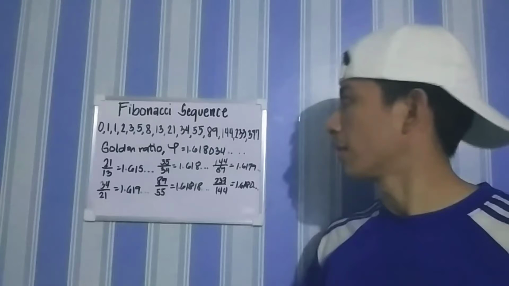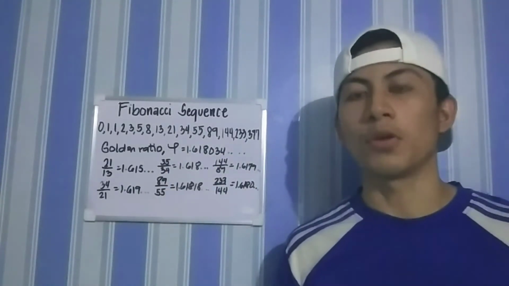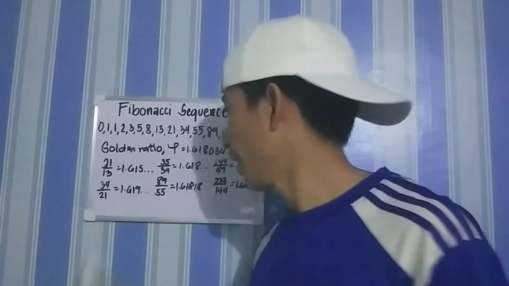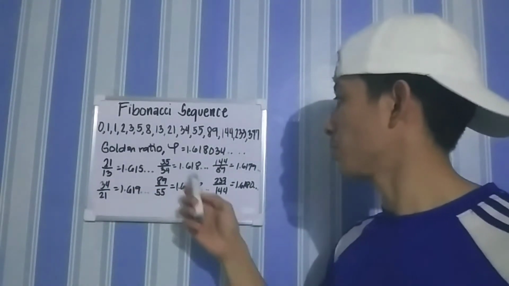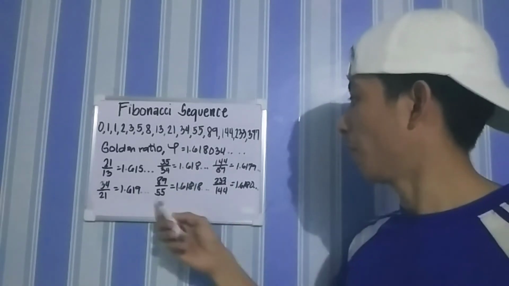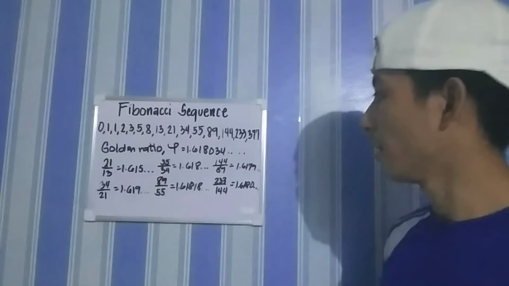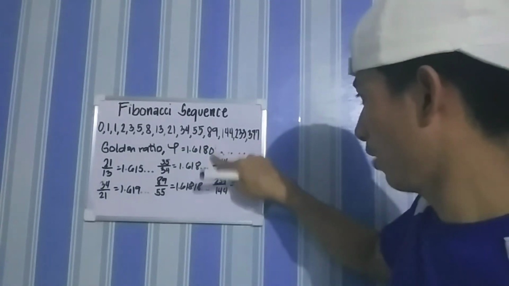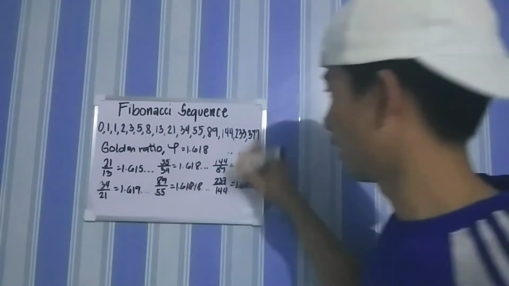And you can prove that the larger the numbers, the closer the approximation. As you observed, each ratio of successive numbers approaches the value of our golden ratio, 1.618, if we take only 3 decimal places.